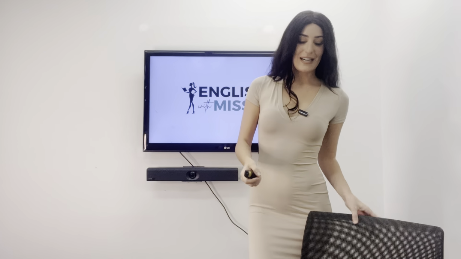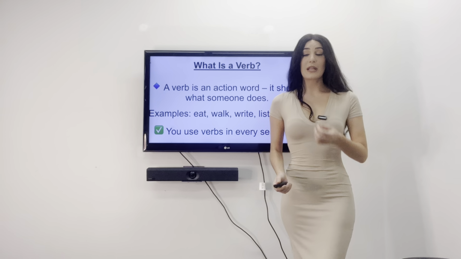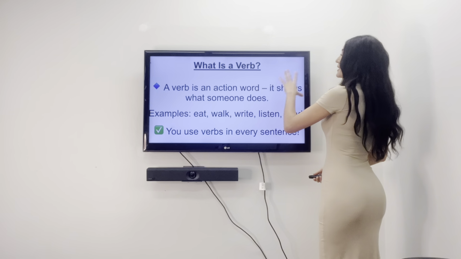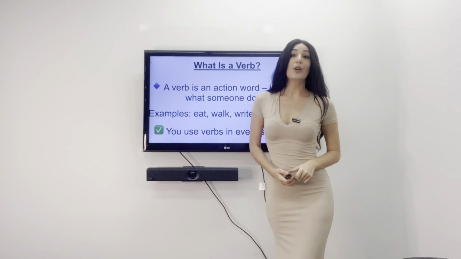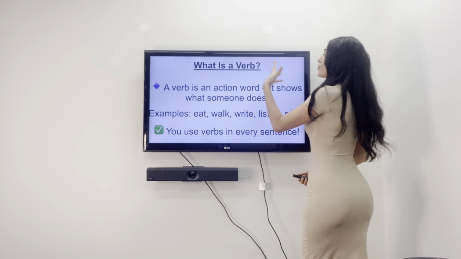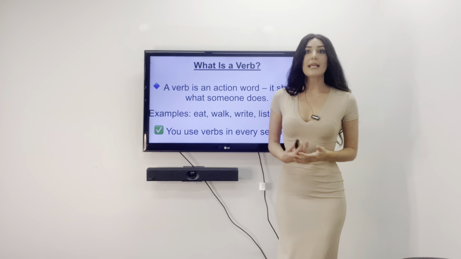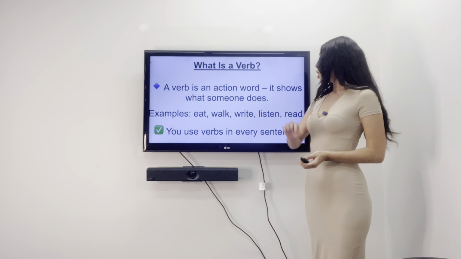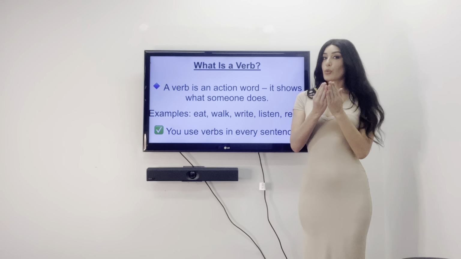And let's get started. Okay, let's talk about verbs first. First of all, everyone, what is a verb? A verb is an action word. What is it? An action word. Well done. It shows what someone or something does. For example, eat, walk, write, listen, read.